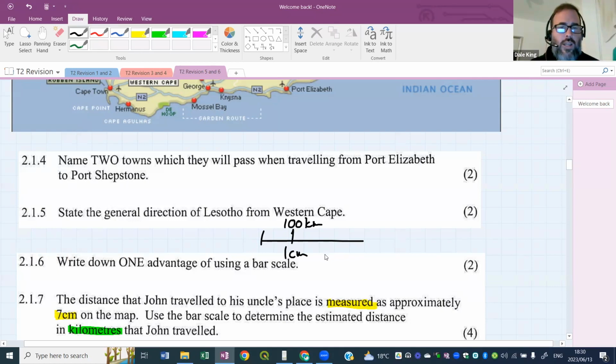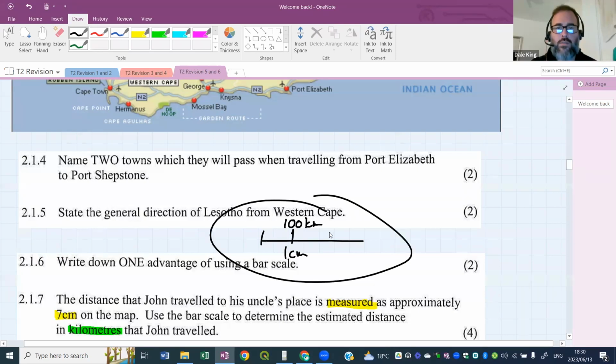You must tell me how many kilometers John traveled according to this question. That's the scale we're going to use. We took it from the bar scale where we measured 1 centimeter gives us 100 kilometers.